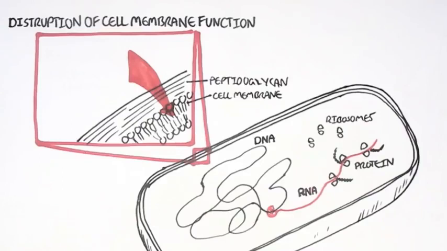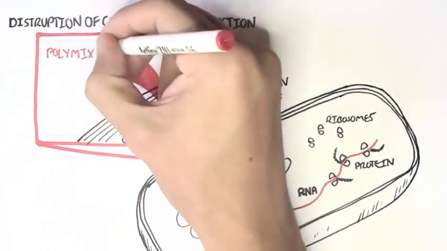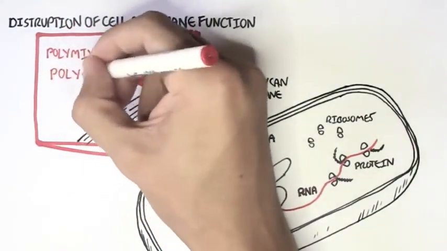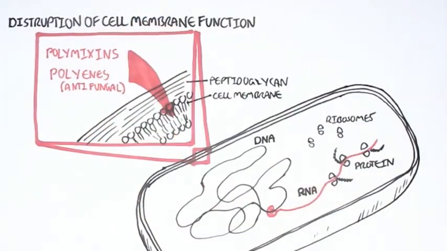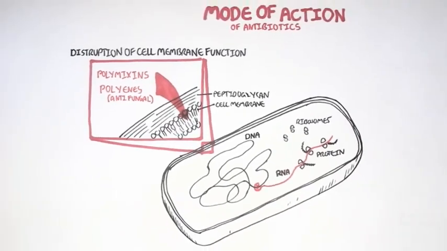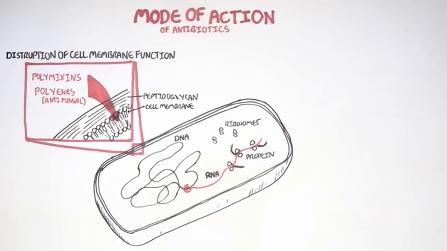This will disrupt the osmotic balance, causing leakage of cellular molecules, and essentially it will increase the water uptake, leading to cell death. Examples of these drugs are polymyxins and polyenes. Now, polyenes are actually specifically used against fungal pathogens, but that's just a note to know that you can use polyenes that target cell membranes in fungus. So polymyxins and polyenes target cell membranes.